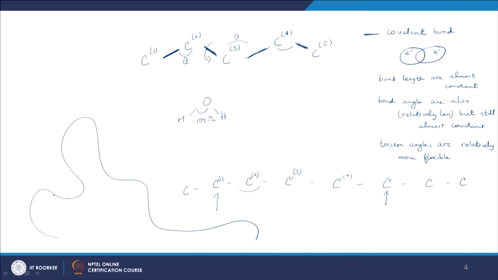So, if I look at 2 points far off on the carbon chain, there are many carbons in between them. So the position of this point and the position of this point is almost uncorrelated, okay, and this is what we use to start building polymer physics, okay.